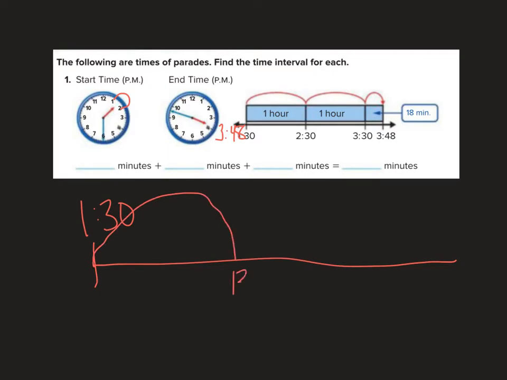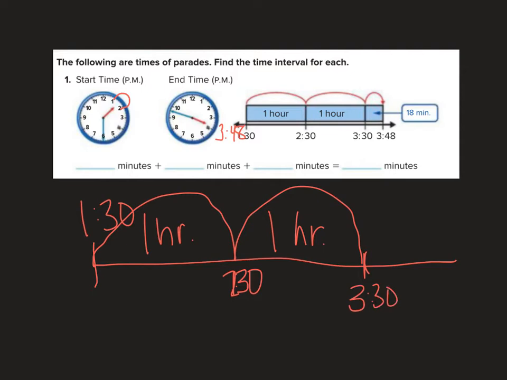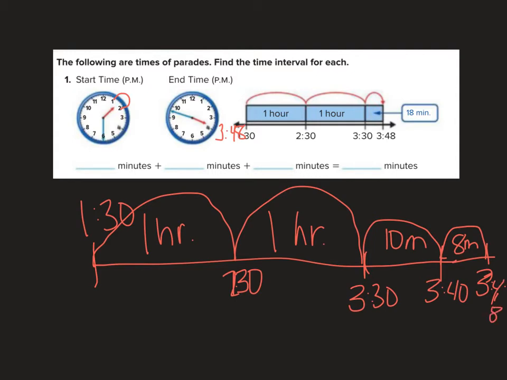I always put my time at the bottom. 2:30 to 3:30, I can make another 1 hour. This is 3:30. I need to get to 48, so I can jump 10 minutes to 3:40, and then I can jump 8 minutes to 3:48.